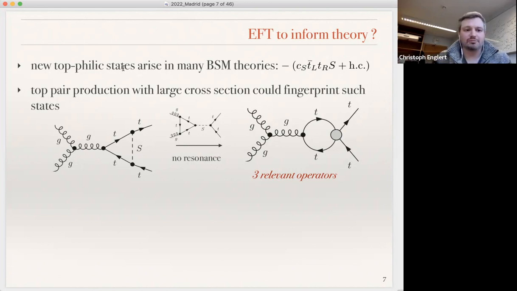Top pair production is a large cross-section at the Large Hadron Collider. It's one of the key processes that we study there. You could think about really t-tbar production as a laboratory to study the virtual presence of such states in the context when they are heavy and can be integrated out. You can write down a whole range of Feynman diagrams that appear at next-to-leading order.